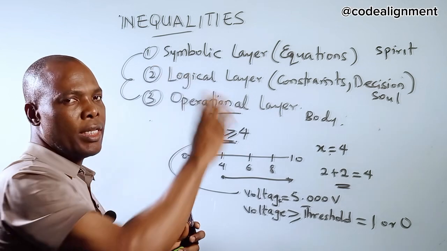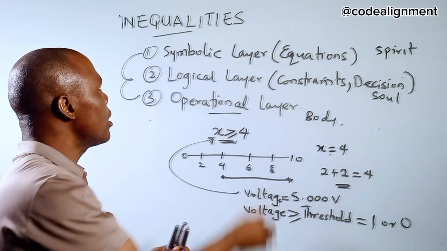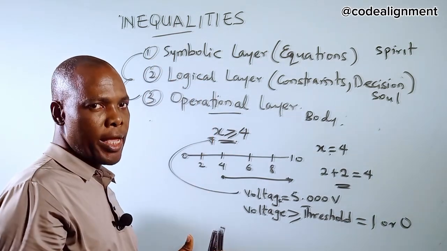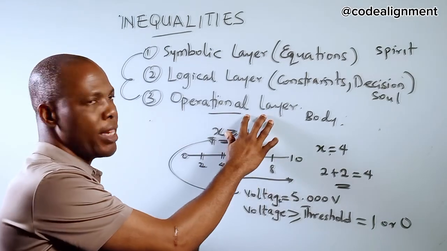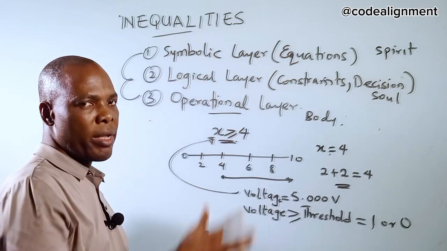Through the lens of these 3 layers, it will help you to understand what you are doing. So inequalities is what? Dealing with the physical layer, which is at this operational level. But equality is at this pure mathematical level.